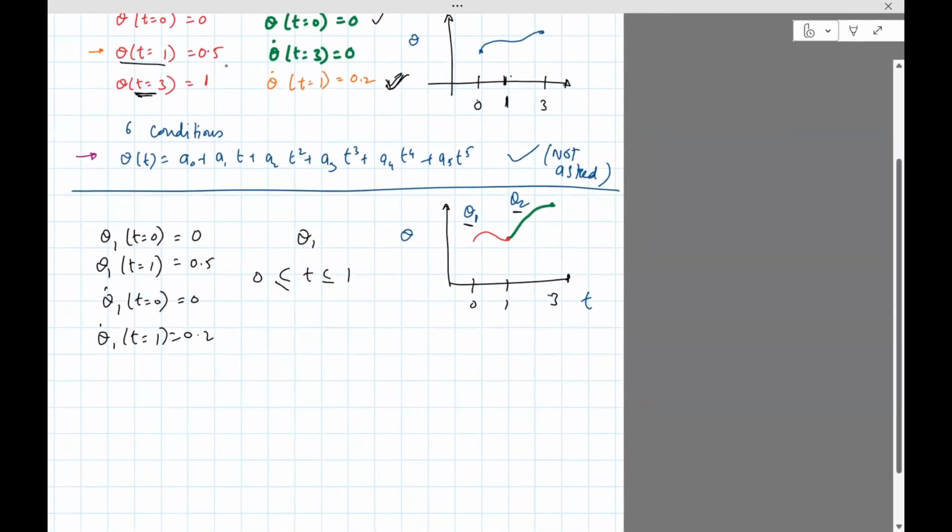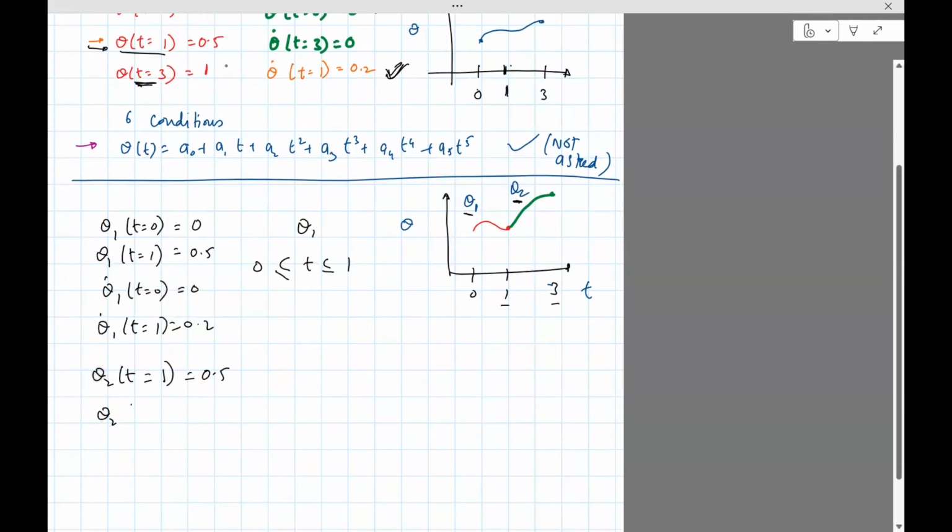So next go to theta 2. You will not have anything at 0 because that's not the domain of theta 2. It only starts at 1, ends at 3, right? So theta 2 at time t equals 1, clearly this should be true, so this should be 0.5. Then we have theta 2 at t equals 3, which is this condition, should be 1.